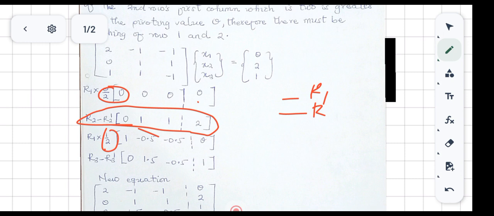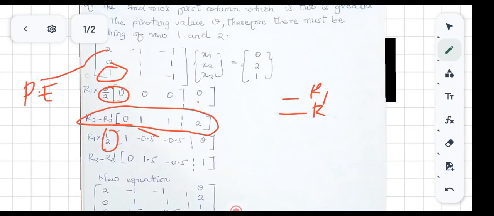Then what you do is that you also have to cause this one to go to 0, right? And in order for this one to go to 0, you just divide it by 2. Remember that I told you that 2 is the pivot element.